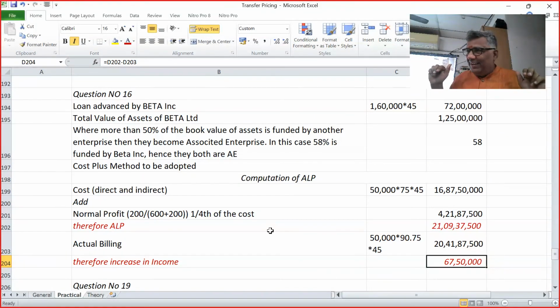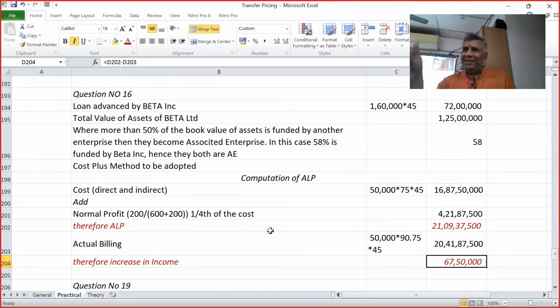So 67,50,000. What is this? Now they asked another thing. The assessing officer increases income by 67,50,000 and levies tax on it. Over that, RBI came in.